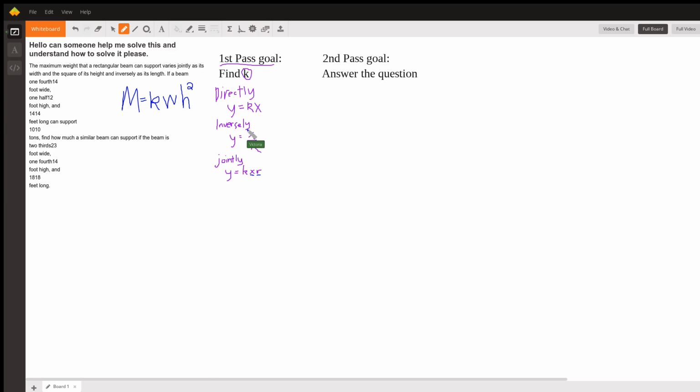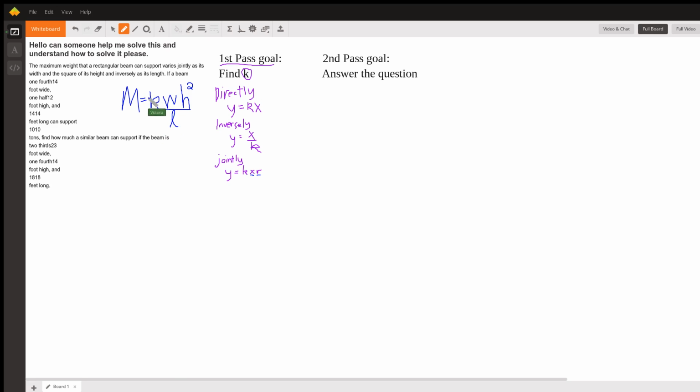And inversely, which means it's going to go on the bottom with its length. So if it's inversely, notice K and L are on opposite sides of the divide.